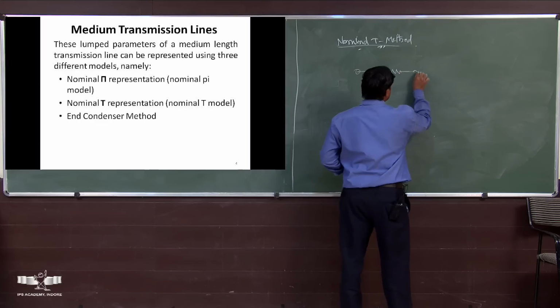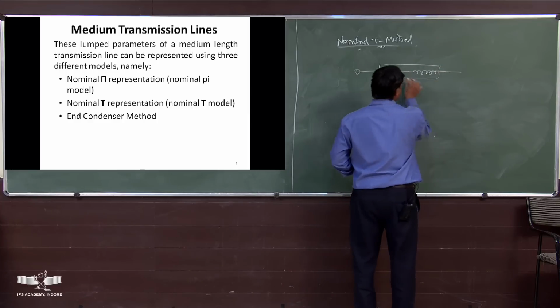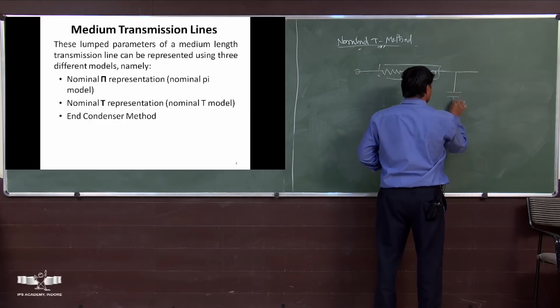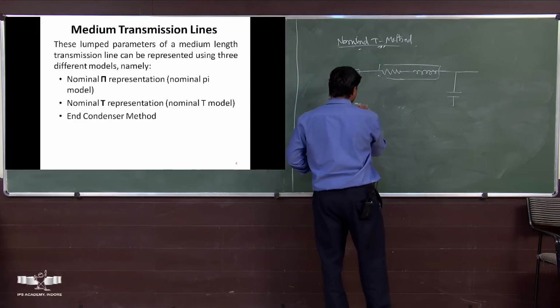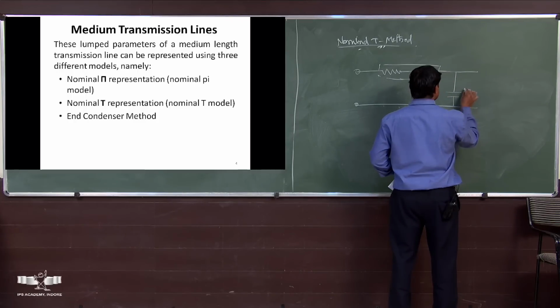The line series impedance and the capacitance of the transmission line we represent near the receiving end side.